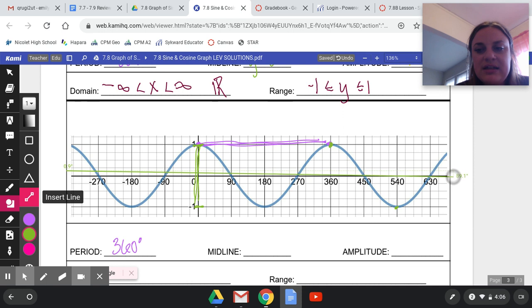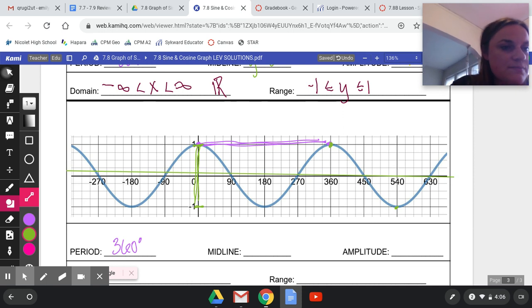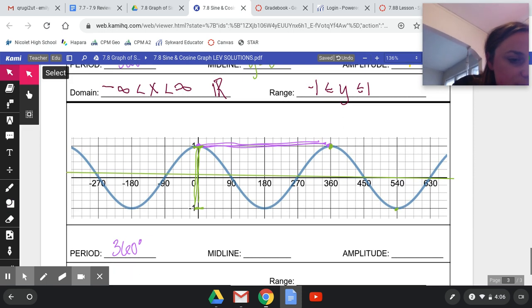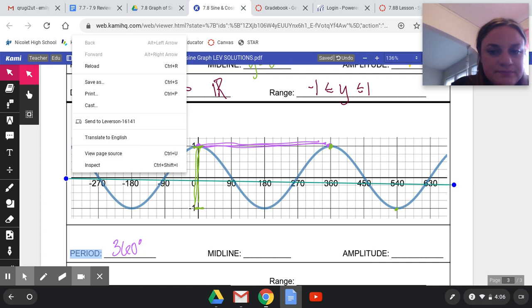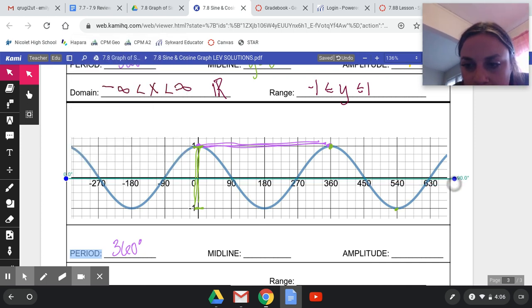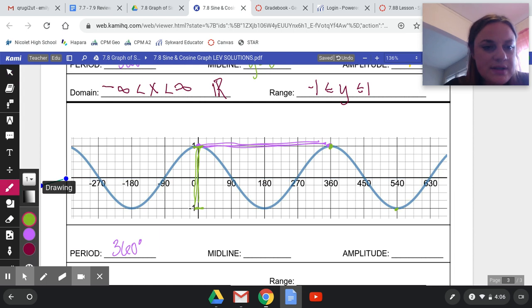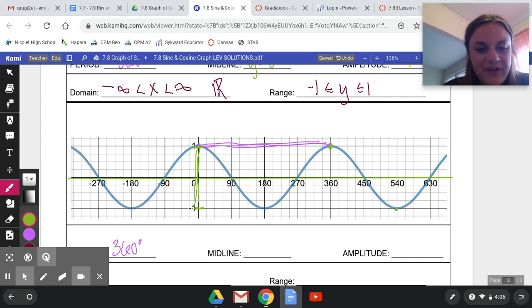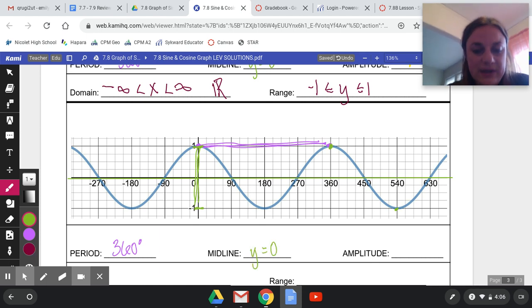So I can draw in this line. Once again, my midline is at y equals 0.